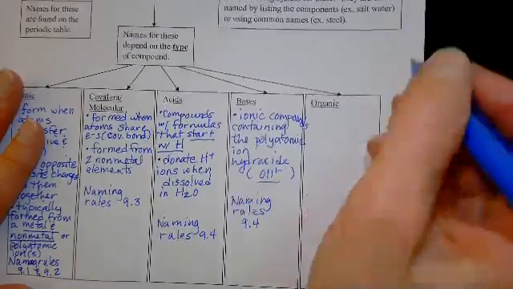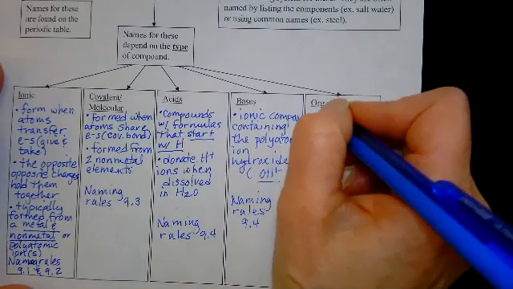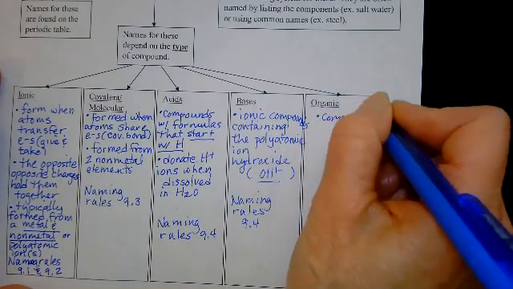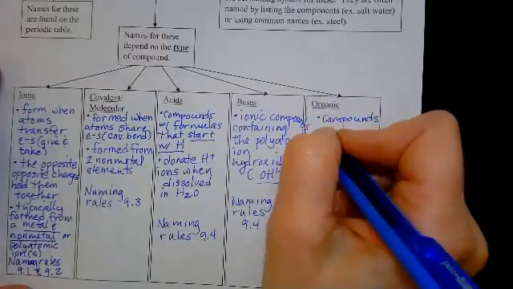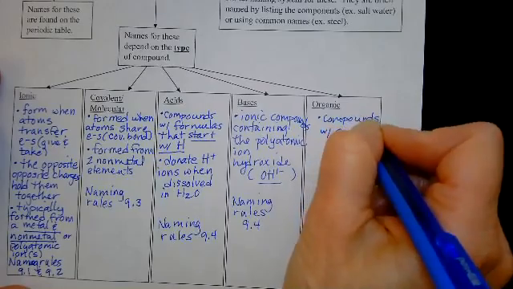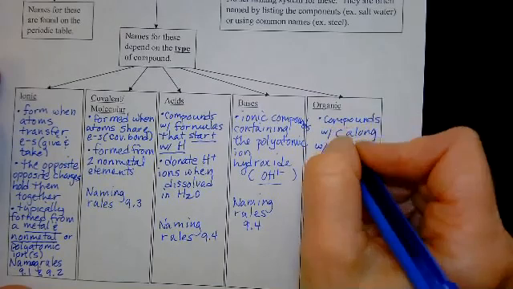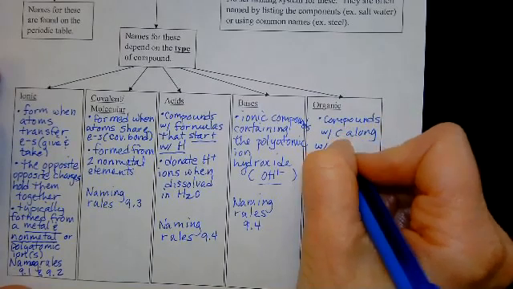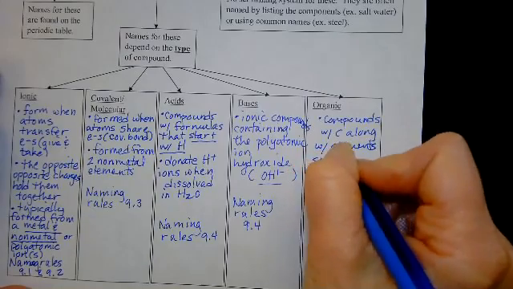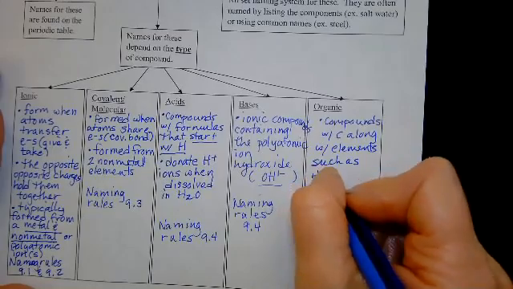And then lastly, the organic compounds. We're going to study these at the very end of the year. These are compounds containing carbon, along with elements such as hydrogen, oxygen, and nitrogen.